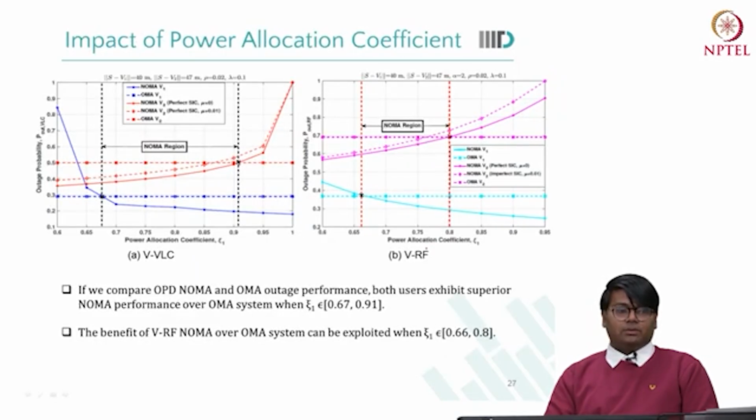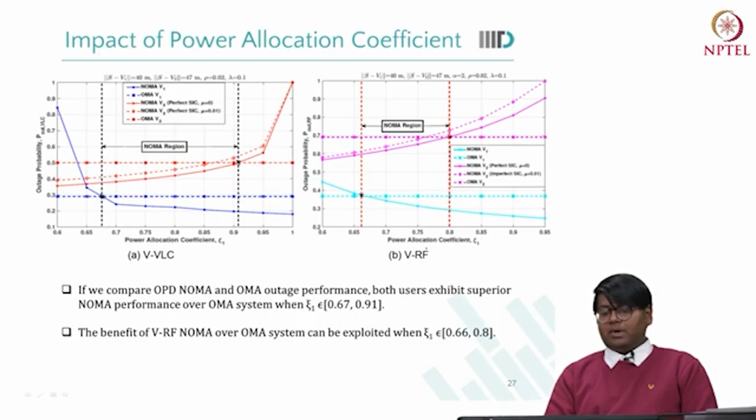Next, we also plot the outage probability as a function of power allocation coefficient. As I mentioned earlier, the power allocation coefficient has to be selected optimally in order to enjoy the benefits of optical power domain NOMA. So, in these results also, we see that the benefits of optical power domain NOMA can be obtained only for a specific range of power allocation coefficient.